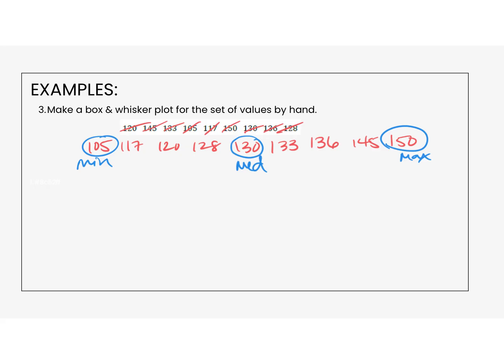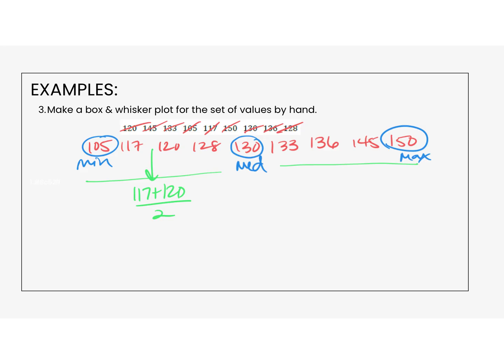All right, so the median breaks the data set up into 2 halves. So now I have this half of the data and this half of the data. In order to find the first quartile, I want to find the middle of that set. So 105, 117, 120, 128. Well, there's 4 numbers there, so how do I find the middle of that? I'm going to average my 2 middle numbers since there's no true middle there.